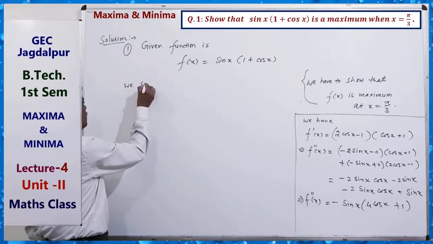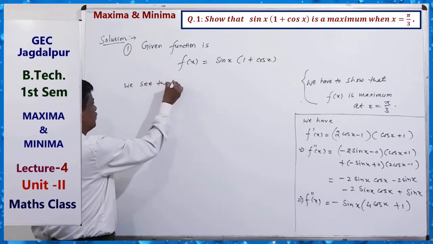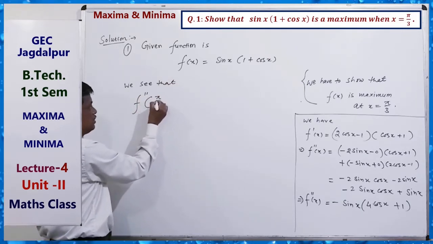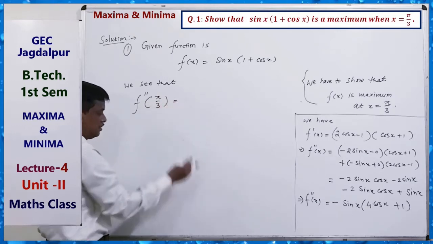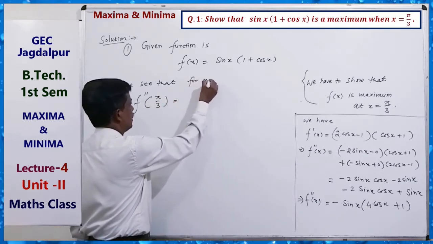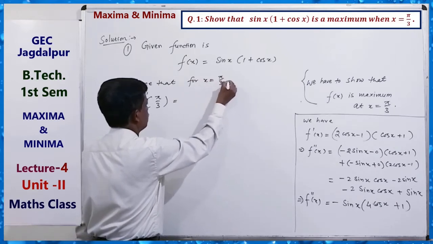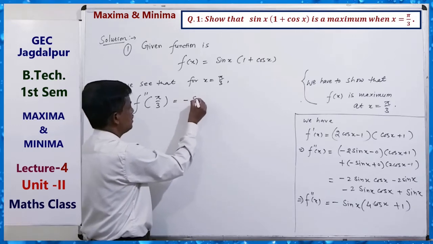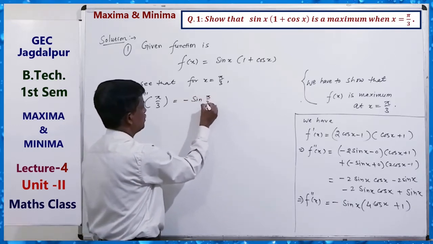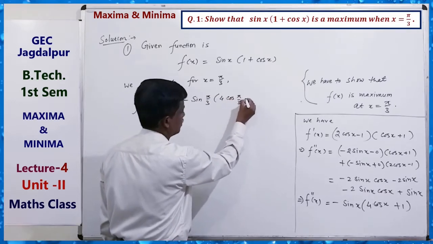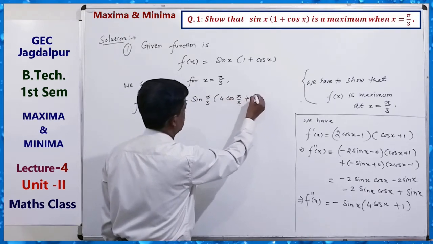At the point x equals pi by 3, f double dash is minus sin pi by 3 times 4 cos pi by 3 plus 1.